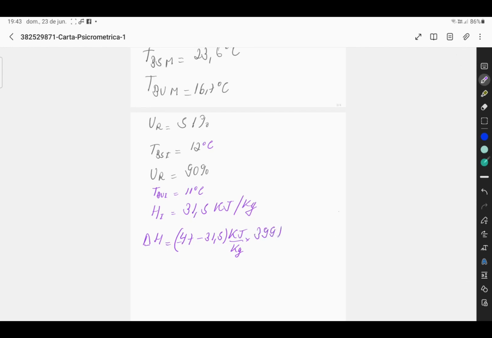So my delta H will be equal to 47 minus 31.5 times 3,991, which is equivalent to 61,860.5.